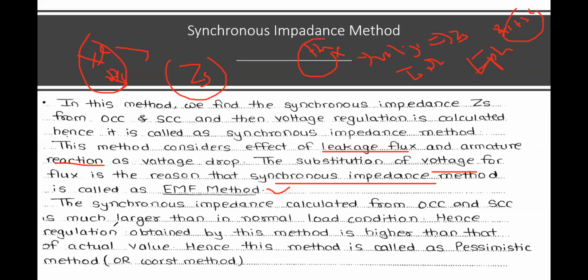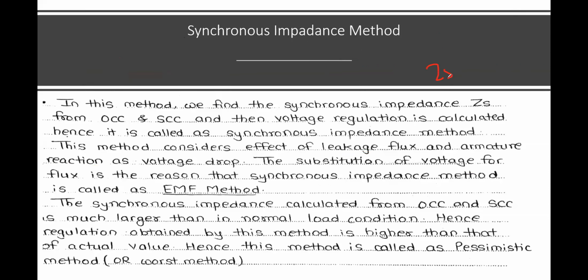Another important point is that the synchronous impedance, ZS, that is calculated is larger than the normal impedance. If I consider this my theoretical value, and I calculate ZS using two techniques, OCC and SCC, this value is larger than the value designed by the designer.